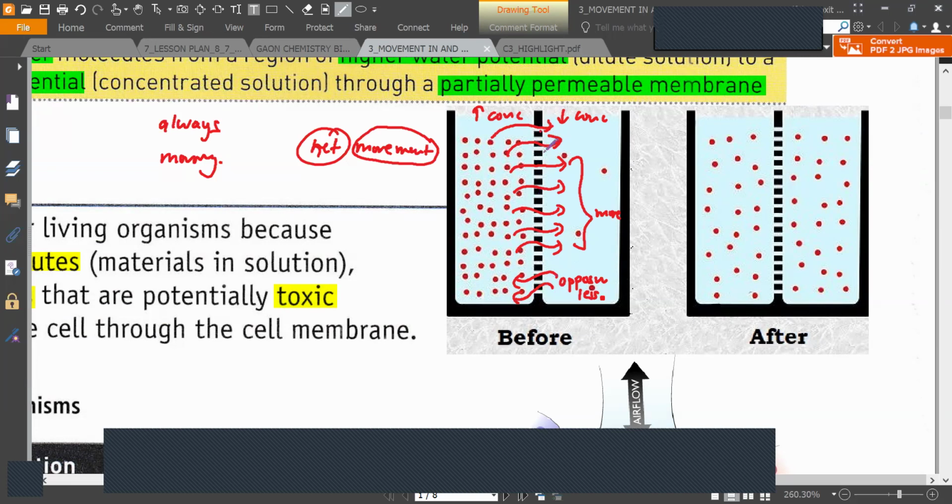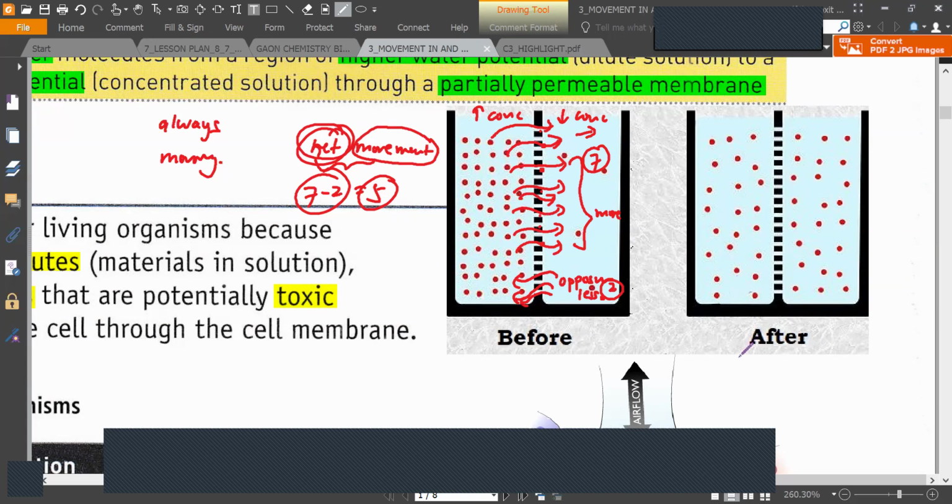Let's say 7 in this direction and 2 in the other direction. Our net movement will be 7 minus 2 equals 5. Overall, it's still moving to the right-hand side, but occasionally we still have a little bit moving to the left. That's what we call net movement. So we cannot think that it's only left to right. It's more left to right, but we still have a little bit right to left.